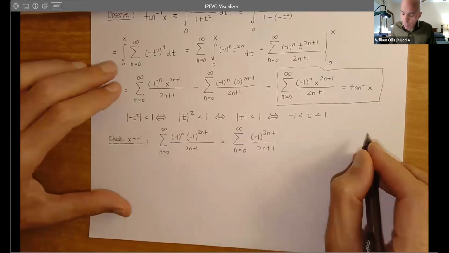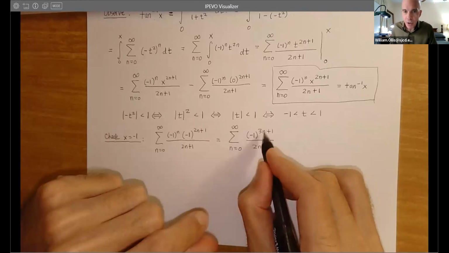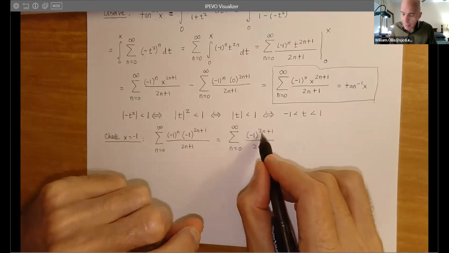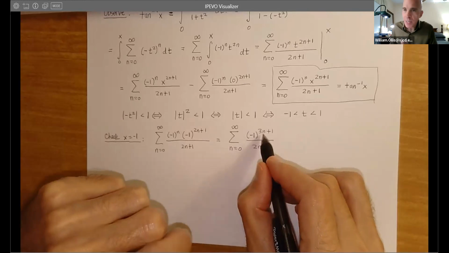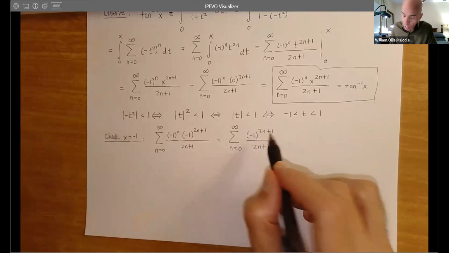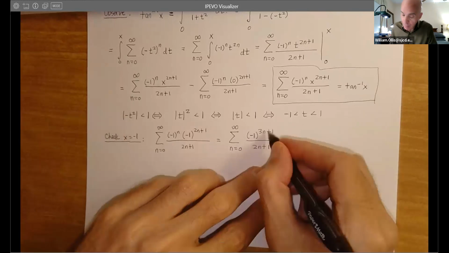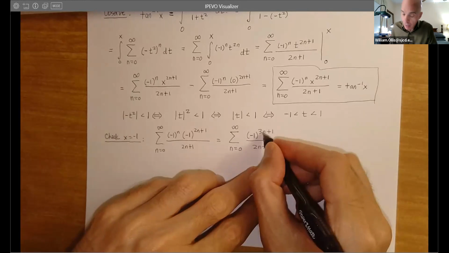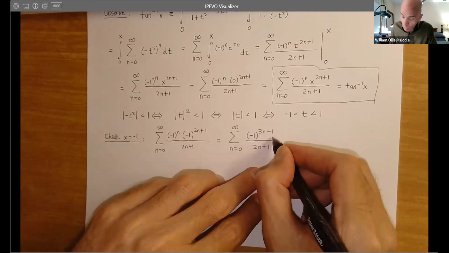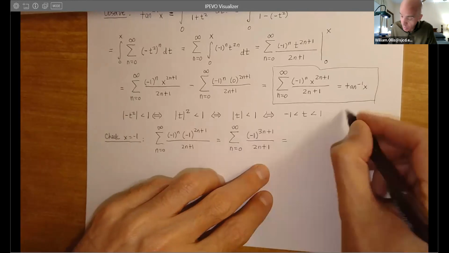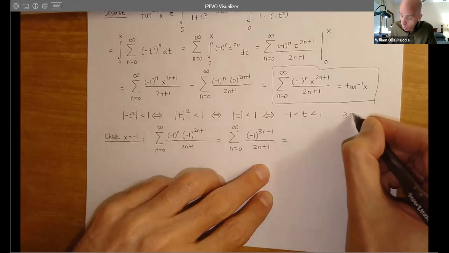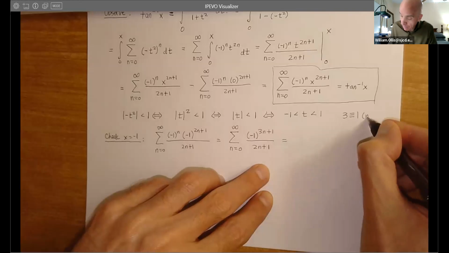Now, like we've done before, we just need to know the parity here. We know, again, that 3 is congruent to 1 modulo 2. So this is just the same thing as n plus 1. So we can rewrite this. So just say 3 is congruent to 1 mod 2.